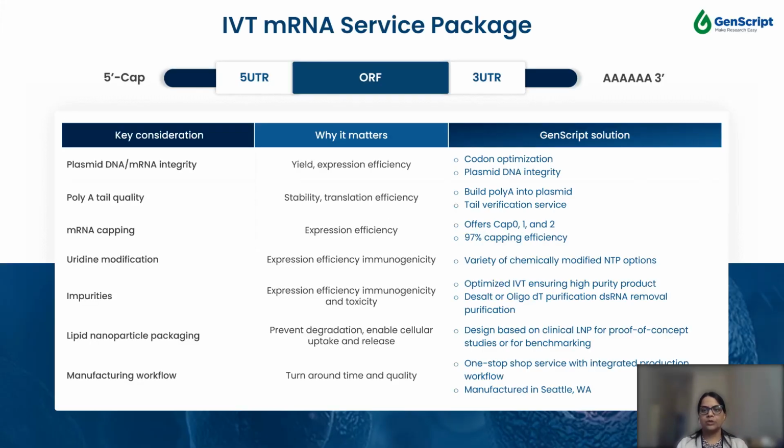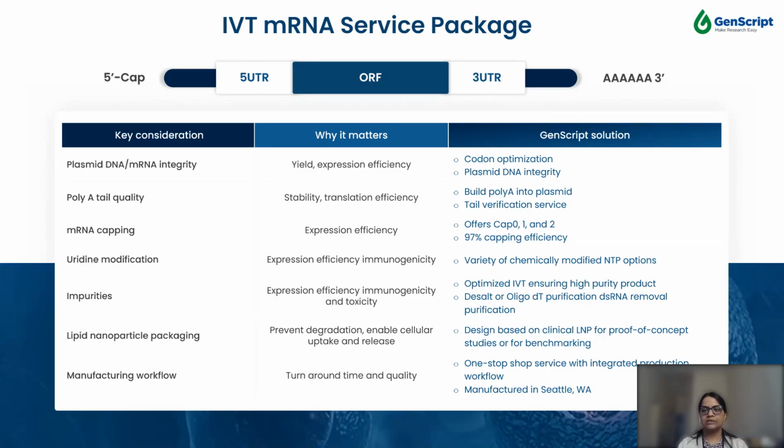So a common mRNA product will include the essential components: cap, UTR region, ORF region, again UTR region, and then poly-A tail.